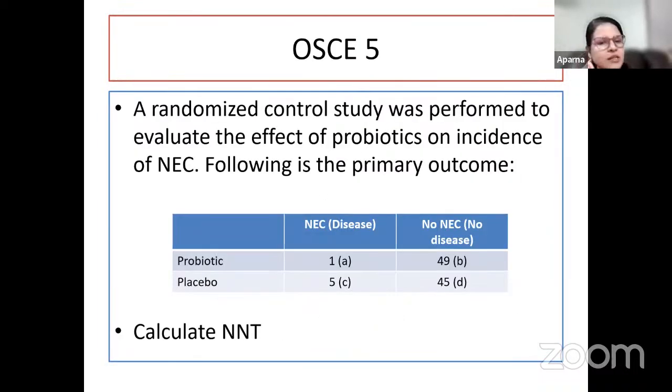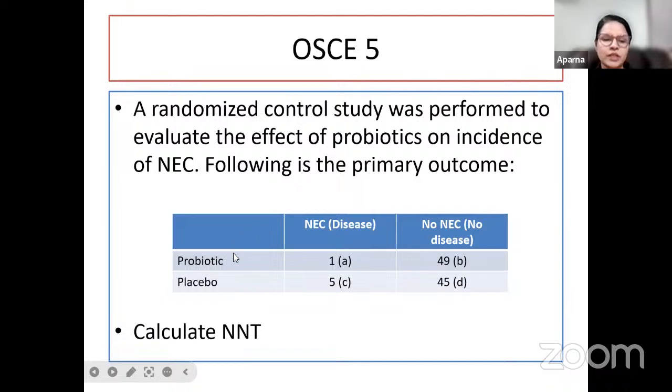Now the next OSCE: a randomized controlled study was performed to evaluate the effect of probiotics on incidence of NEC. The following is the primary outcome. So you can see that the primary outcome is necrotizing enterocolitis, that is disease. We have two groups of individuals. Again, when we have calculations for relative risk and NNT, remember that you have the diseased and the non-diseased groups as the columns.